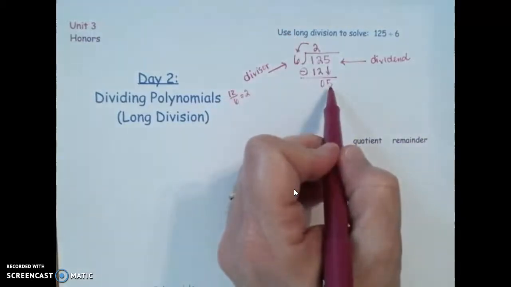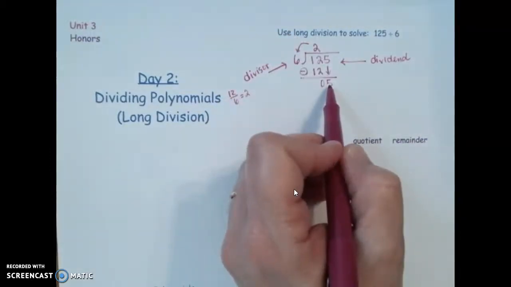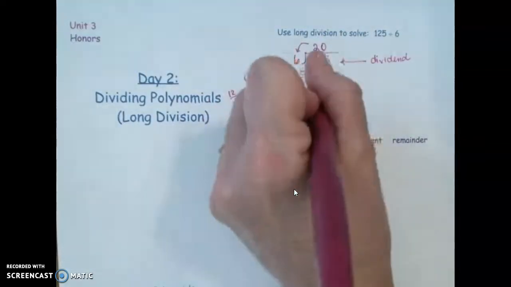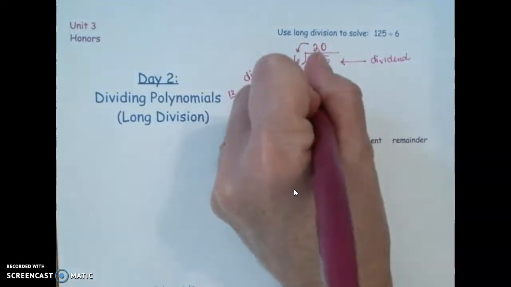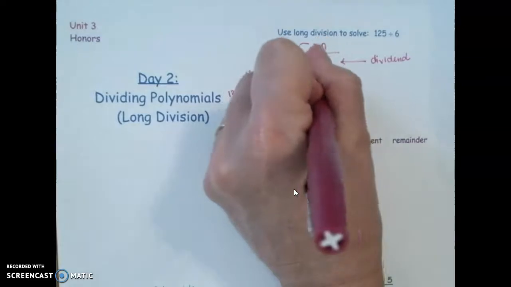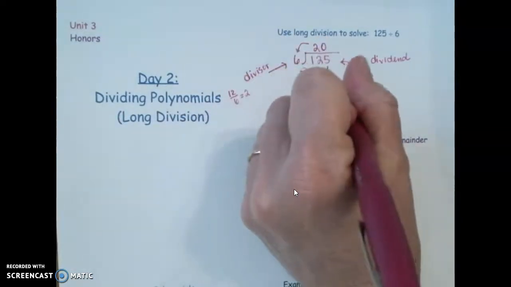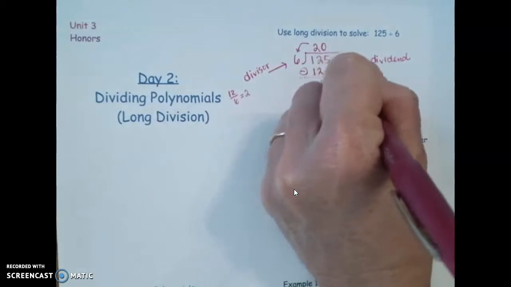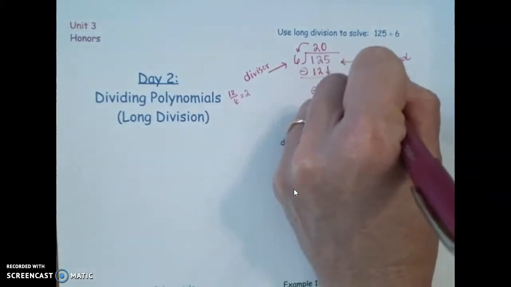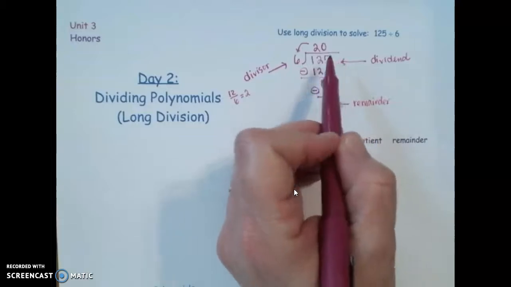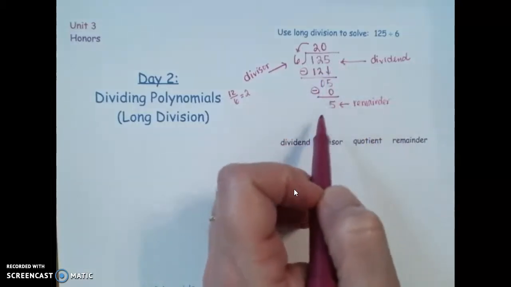6 will not go into 5. So we're going to put 0 here, multiply. So 0 times 6 is 0. You're going to subtract, and then that's going to give you your remainder. Most of you were taught to add a decimal with a 0, drop down, keep going.